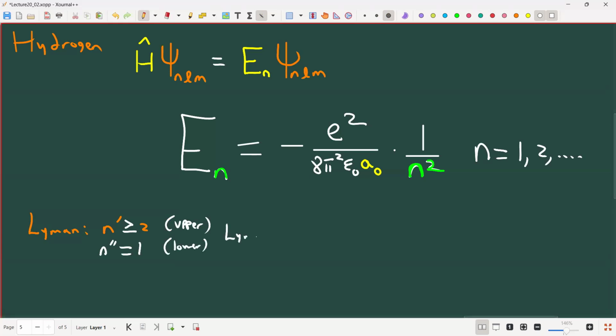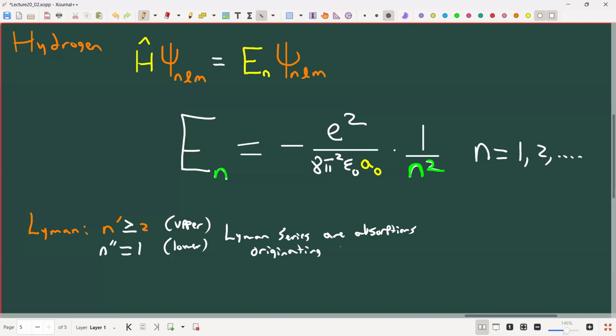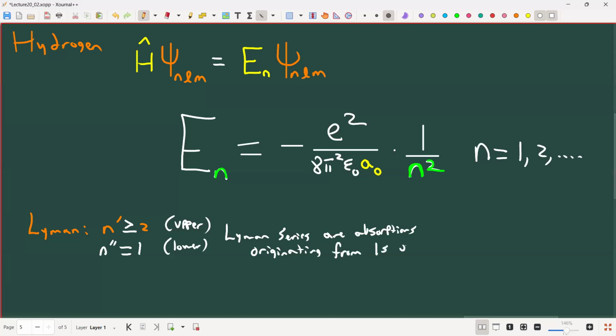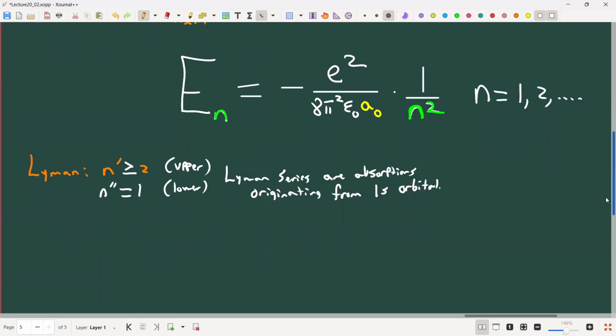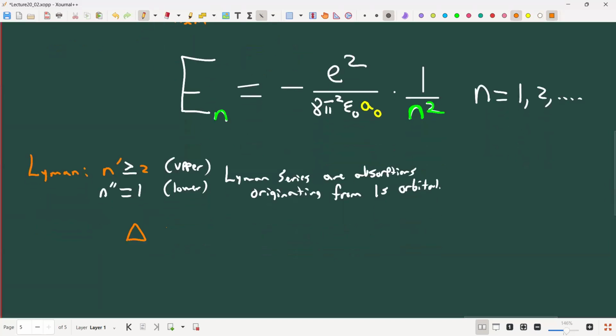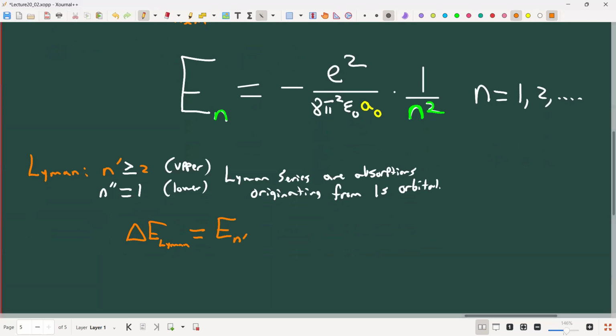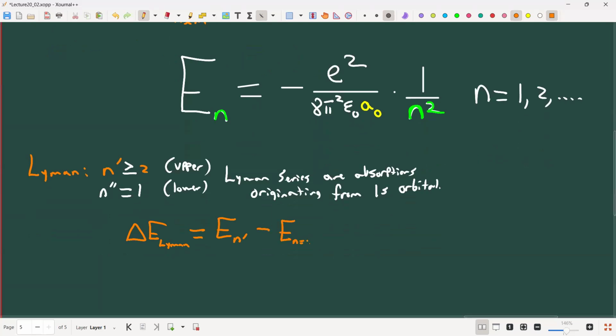All right, so the Lyman series are absorptions originating from the 1s orbital. Ground state hydrogen. So let's see if we get the right formula. Lyman is calculating delta E, so delta E Lyman. That's going to be the energy of the n prime state, whatever that number is, that's his Lyman lines, minus the energy of the ground state, which is n equals 1.